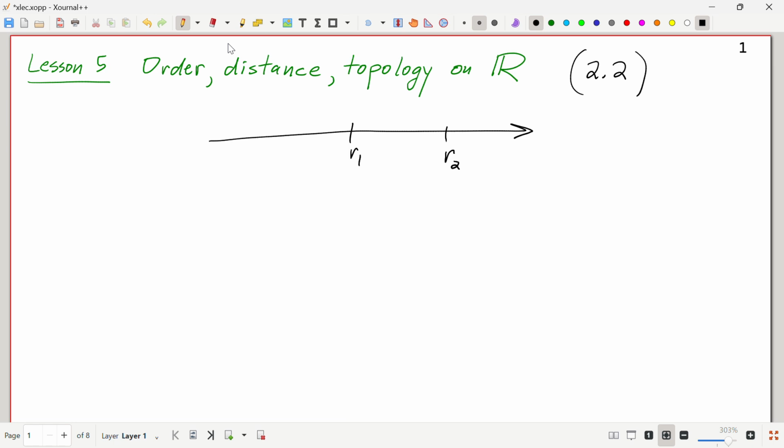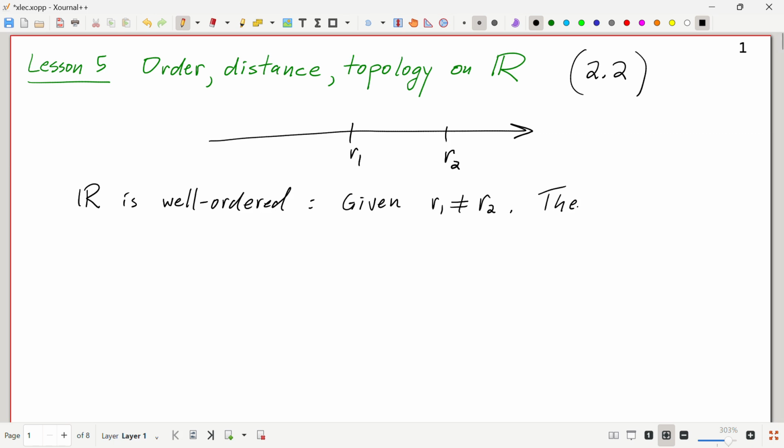So the real numbers are fantastic in that they're well ordered. So R is well ordered. Which means you give me two real numbers that are not equal, r1 unequal to r2. There's only two possibilities. Either r1 is less than r2 or r2 is less than r1.